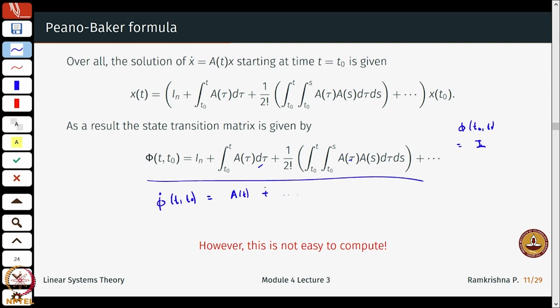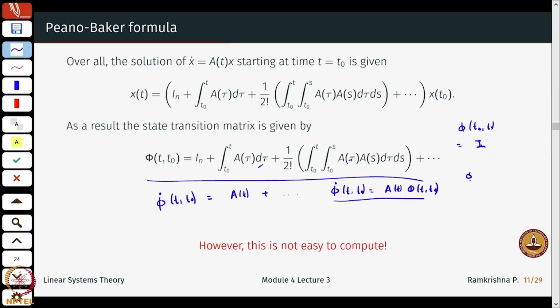I skip the computations, which should be easy to follow, and it can be shown that phi dot of t comma t 0 is A of t phi of t comma t 0. So, this is how we actually derived the matrix differential equation, or how we infer that the solutions can be interpreted as coming from a matrix differential equation.